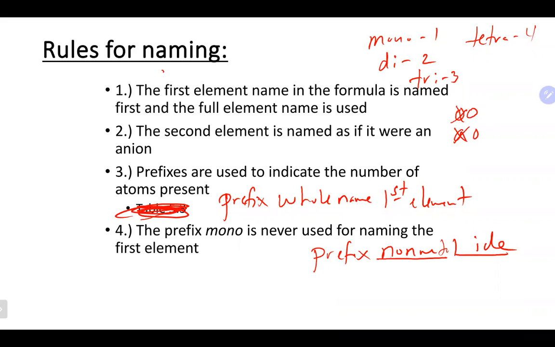So like instead of monooxide, we call it monoxide. We drop one of the O's. That is a very common thing. Two I's are okay, but an A and an O, not so good. You drop the vowel off of the prefix part of the name.